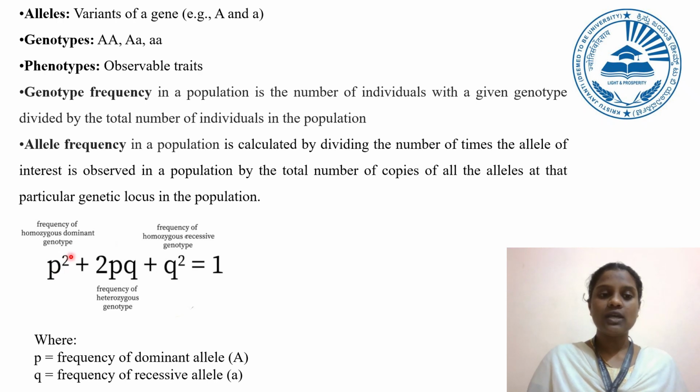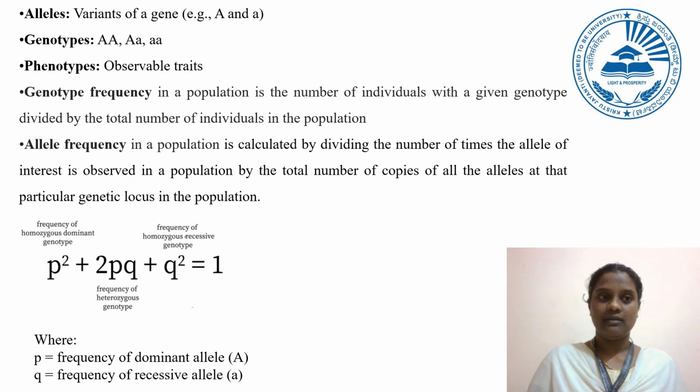So p square plus 2pq plus q square is equal to 1. This will be constant if there are no evolutionary forces acting upon a population. If any evolutionary force acts upon a population, then these frequencies get disturbed and it affects the Hardy-Weinberg equilibrium.